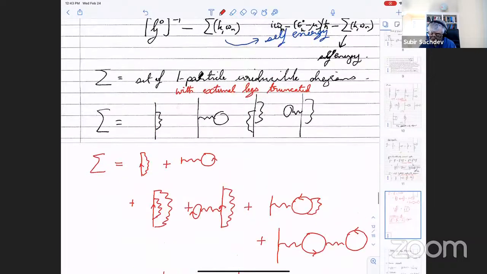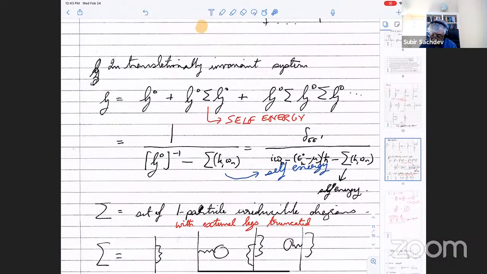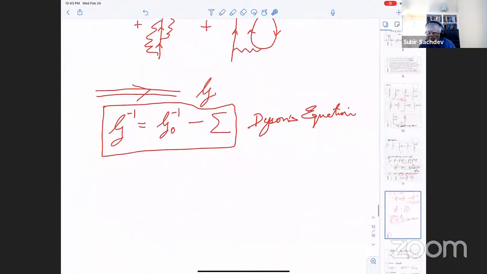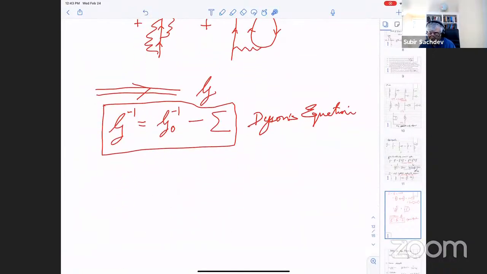So that's this equation right here: G inverse is G0 inverse minus sigma, and that's just the sum of the series. But now let me draw in pictures. So I'm going to call G the double line.